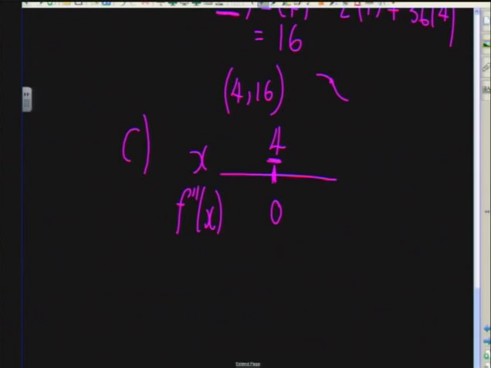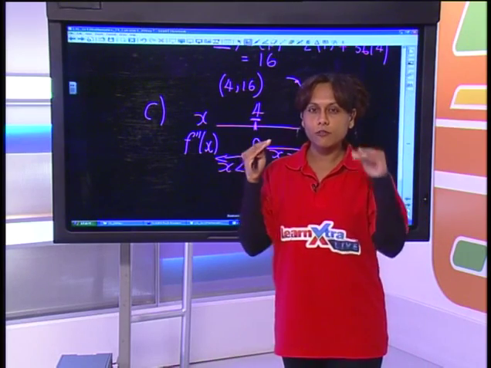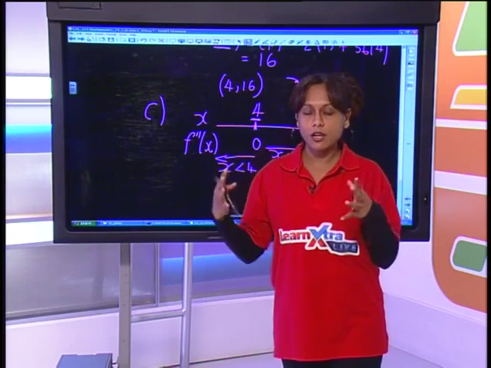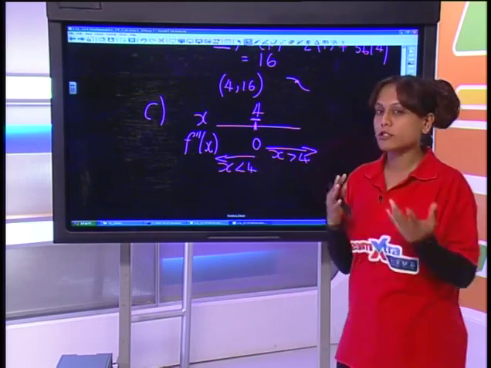Then I want to test the signs for x less than 4, to the left, and for x greater than 4, to the right. That will tell me how the concavity is changing, because concavity changing means it can go from concave up to concave down or from concave down to concave up. So you need to know how it is changing around the point 4.